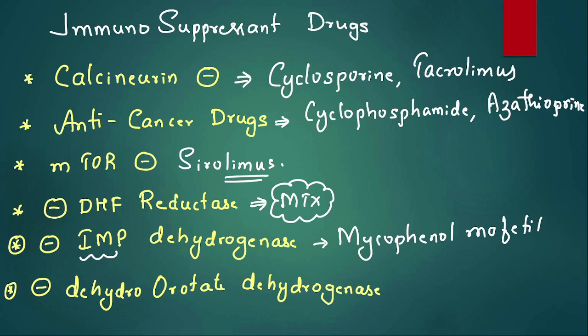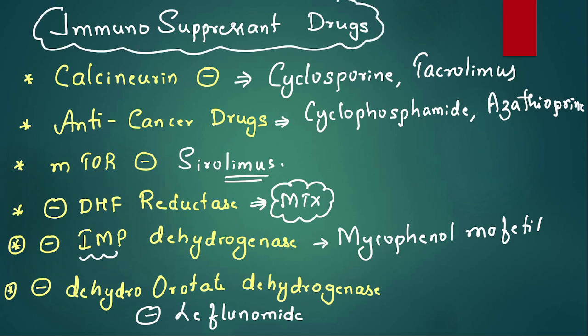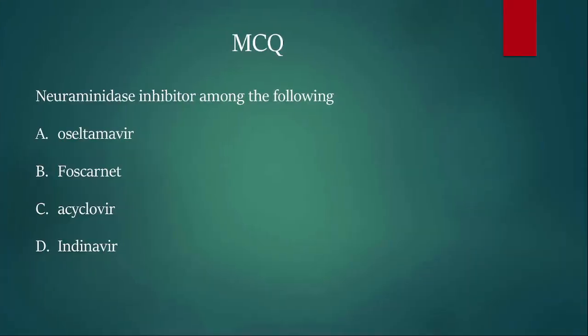Orotate dehydrogenase inhibitor, the name is called leflunomide. So what did we understand from this MCQ? We have covered the most important immunosuppressants and their mechanisms frequently tested in various exams. Let's move to the next question.